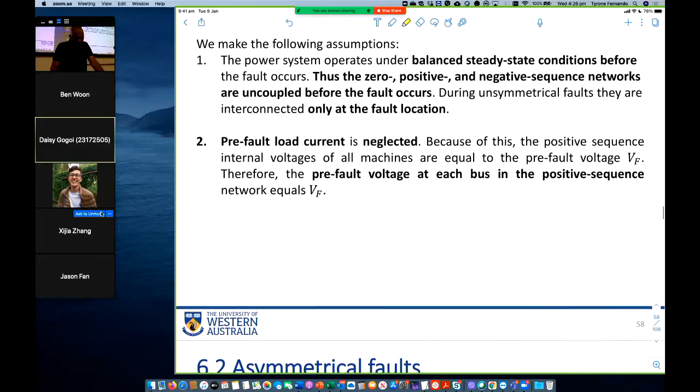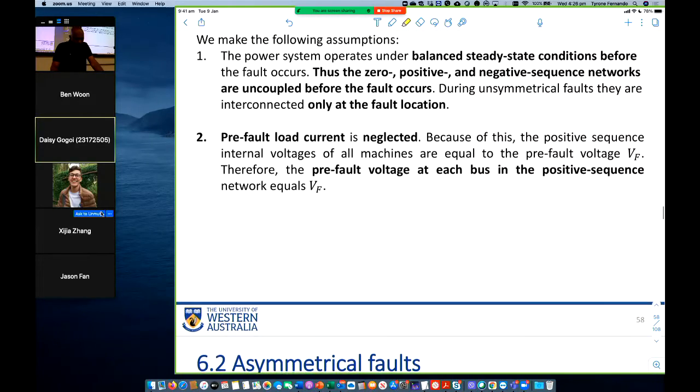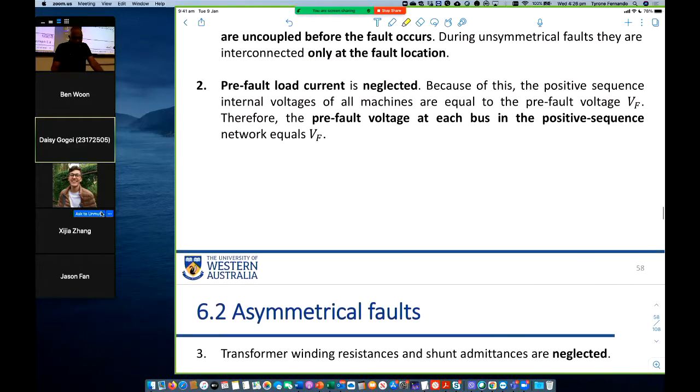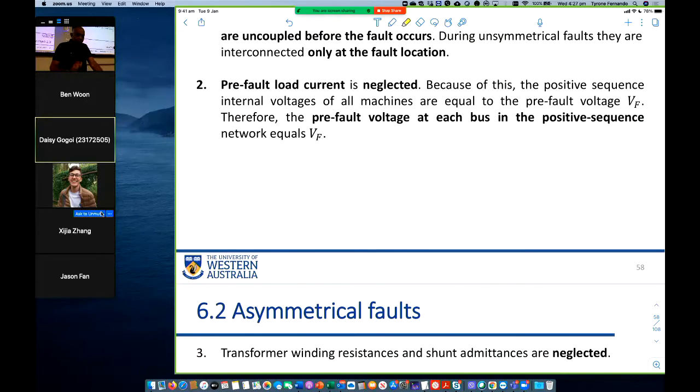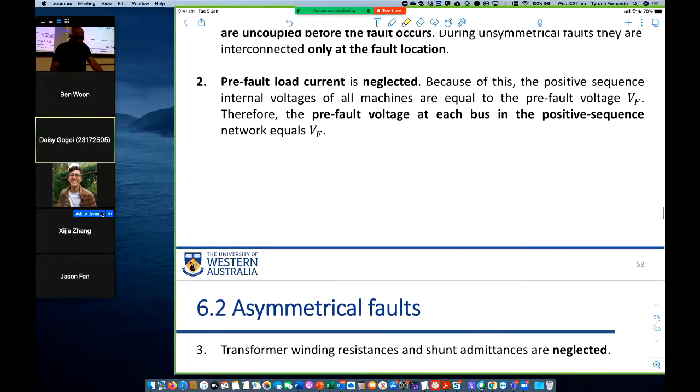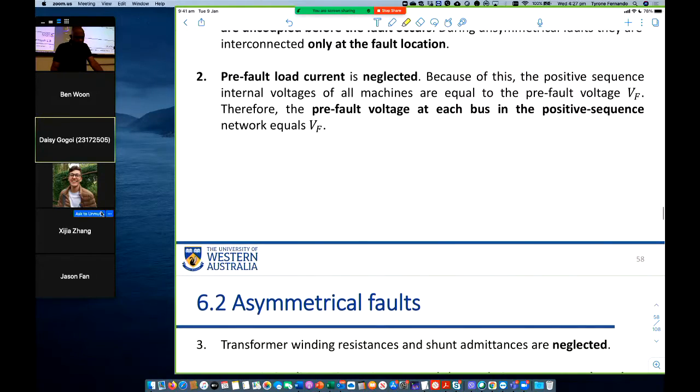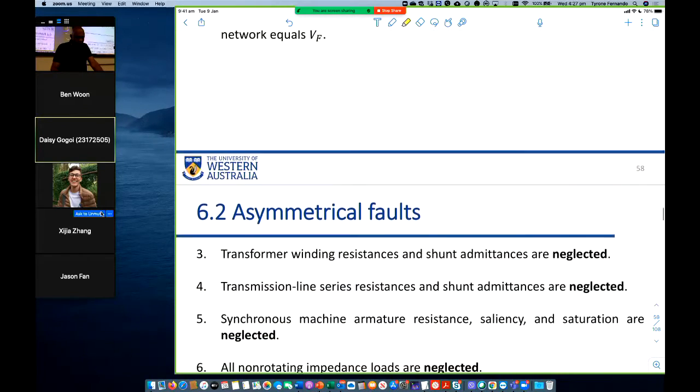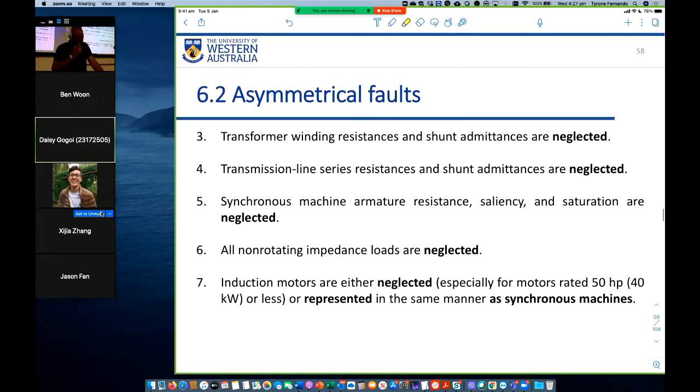Therefore, the pre-fault voltage at each bus in the positive sequence network equals Vf. So at each bus where the fault occurs, the pre-fault voltage would be Vf. That's an assumption.